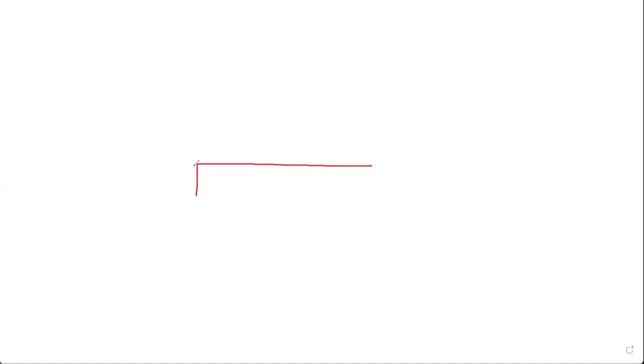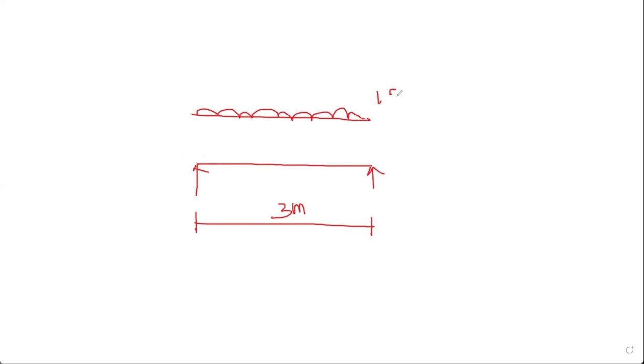So this is the beam. Here to here, 3 meter. Dead load on the beam is 15 kilonewton per meter, the brick wall load. Live load on the beam is given as 6.5. Okay, now these are the loads.